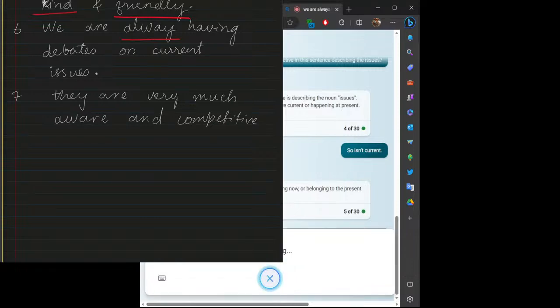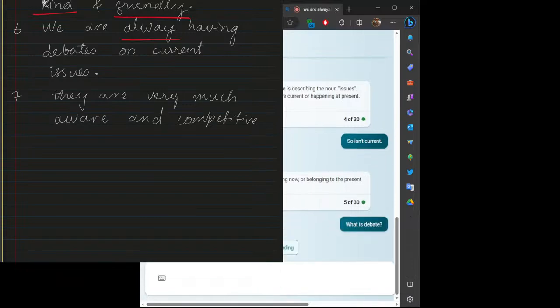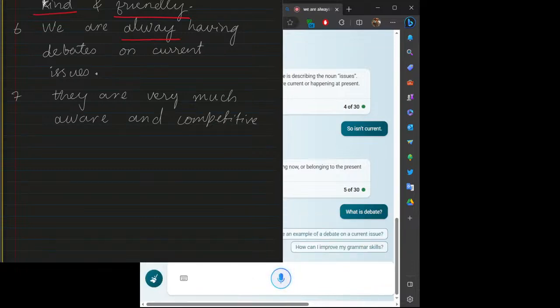What is debate in this sentence? Is current describing the issue or debate in this sentence?